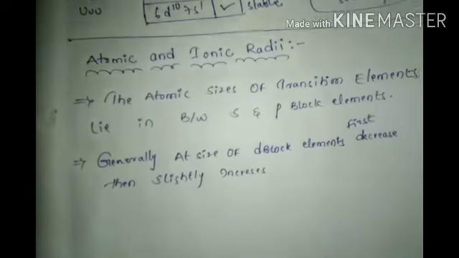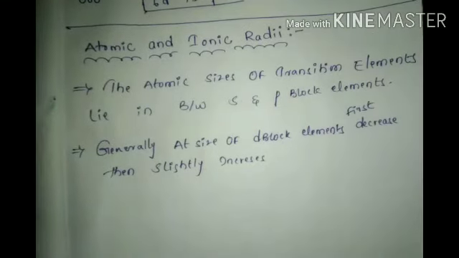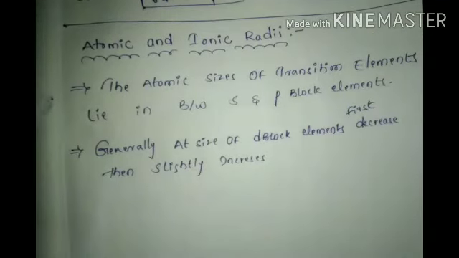This is the second important point. Scandium to nickel decreases, then copper, zinc increases. Yttrium to rhodium decreases, then palladium to cadmium increases. Lanthanum to osmium decreases, then iridium to mercury increases.